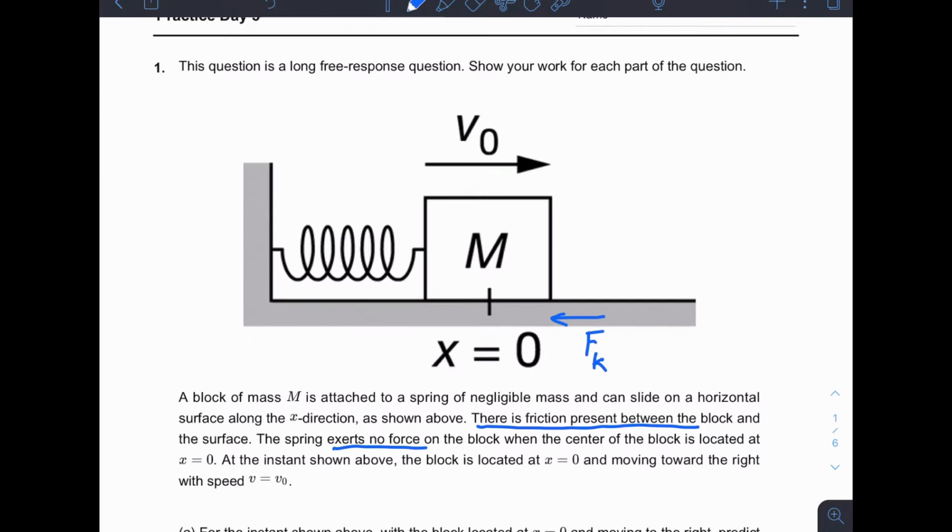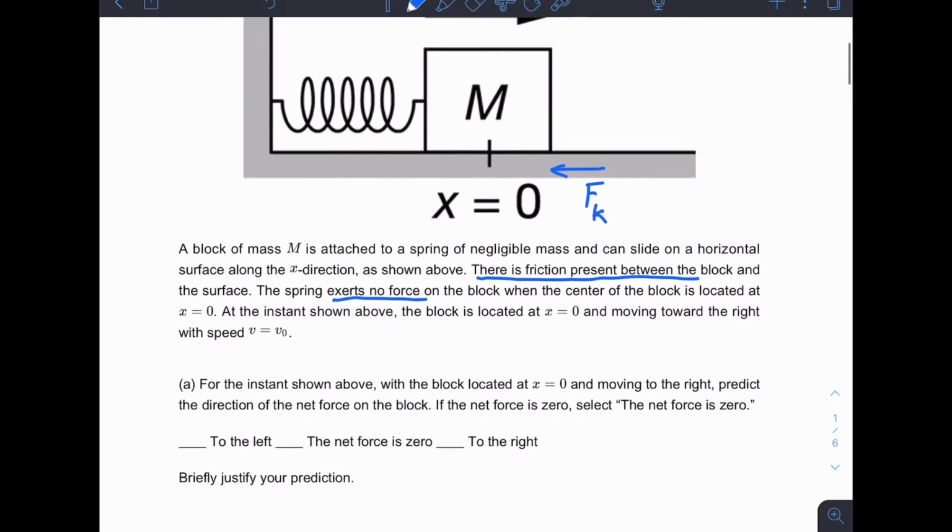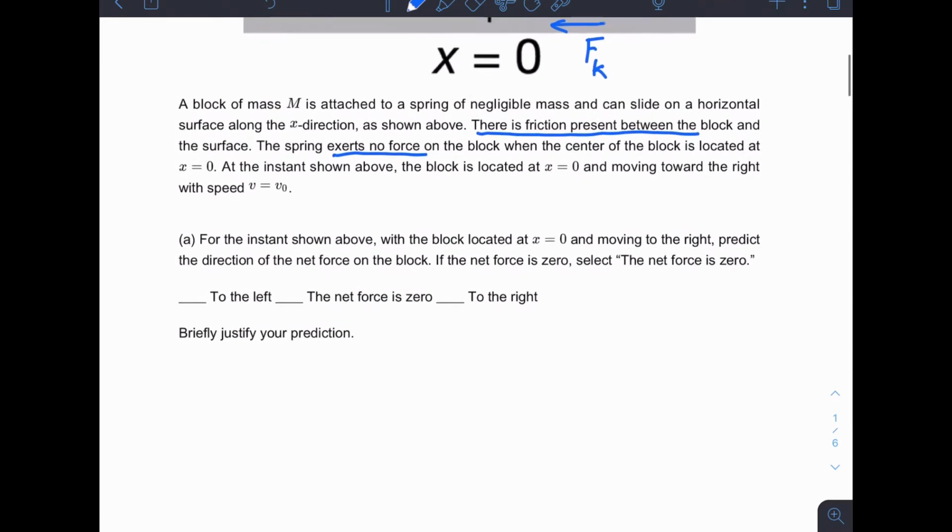We don't know what the coefficient of friction is. We do know that it does have a velocity here, so that it's kinetic friction right now. So those are some little details to pay attention to as you look at this. You can make notes or do different things like that to give you an idea what's going on.